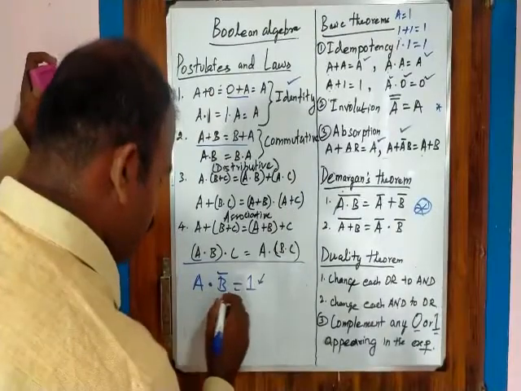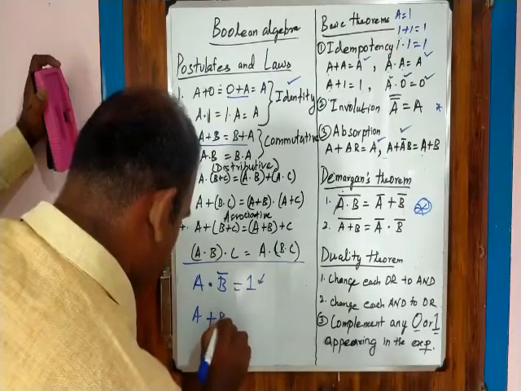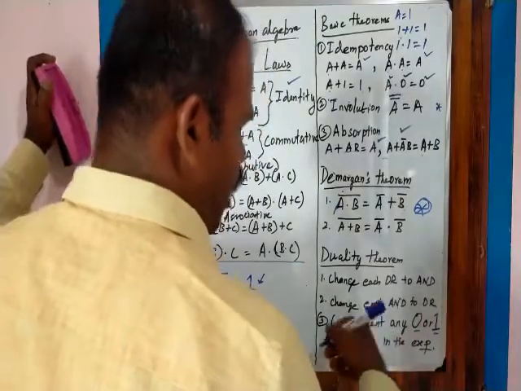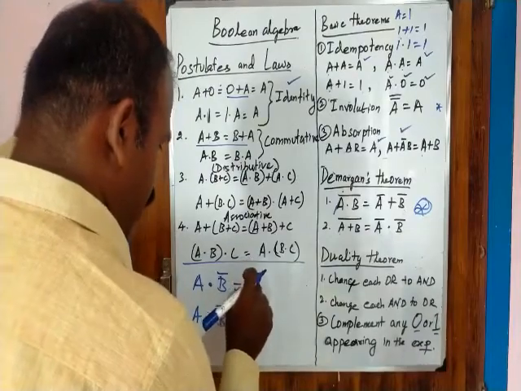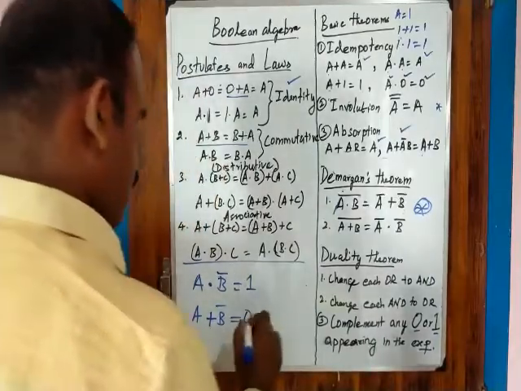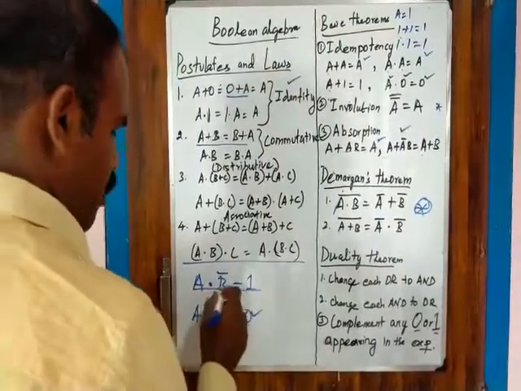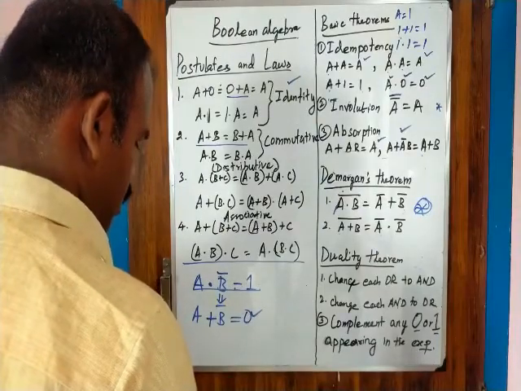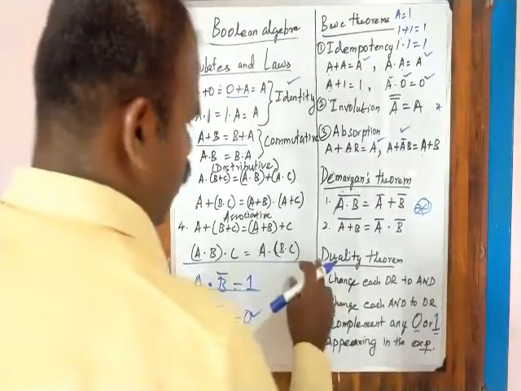So here AND is changed to OR, that is A plus B bar. And if there is any constant, we have to take its complement. So here the constant is 1, and the complement of 1 is 0. So this is the duality expression for this equation. Okay, so this is also a very important theorem.